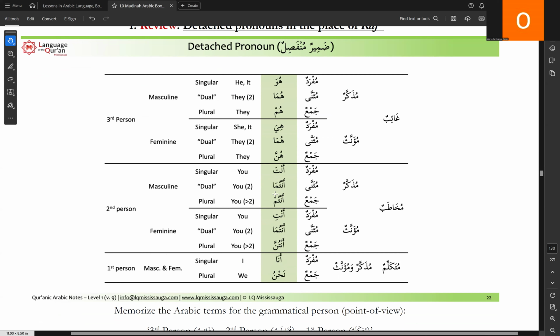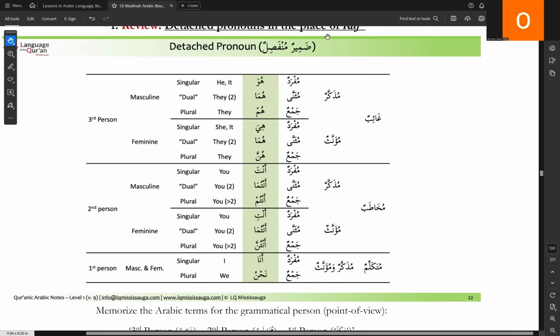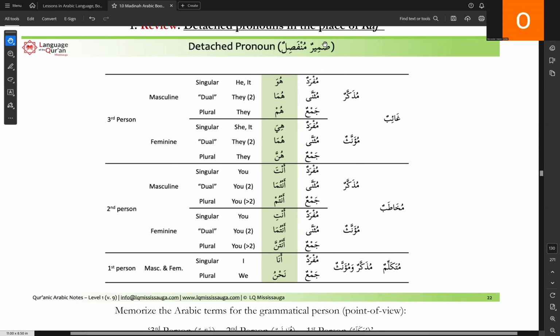You can see it, right? هو هما هم, هي هما هن, أنت أنتما أنتم, أنت أنتما أنتن, أنا نحن. These are called ضمير or ضمائر. ضمير means pronoun. منفصلة means disconnected or detached, as it's here.